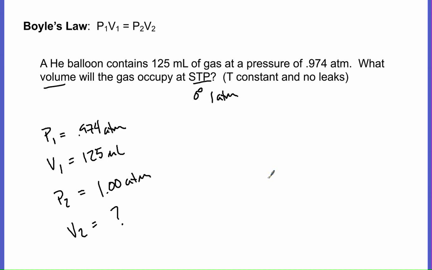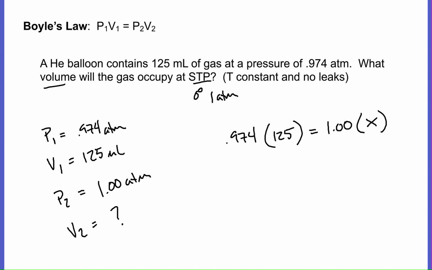So since I know 2 pressures and I only know 1 volume, I can sub them in for those values in my equation. Essentially, that 0.974 times 125 is going to be equal to 1 times x, right? And I'm just solving for x.